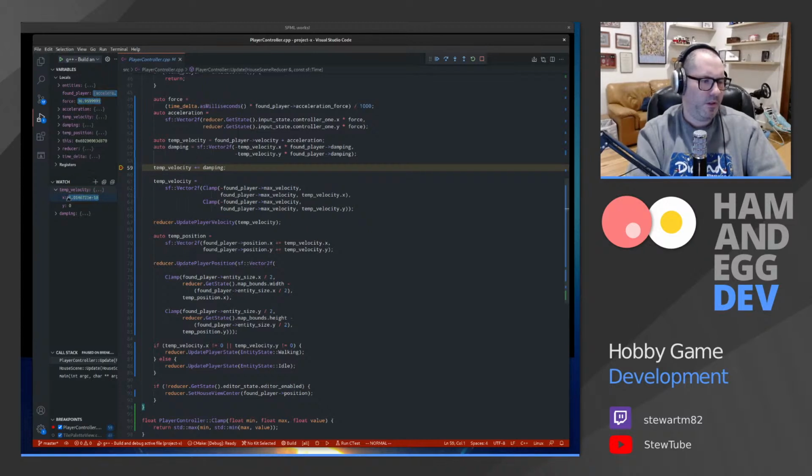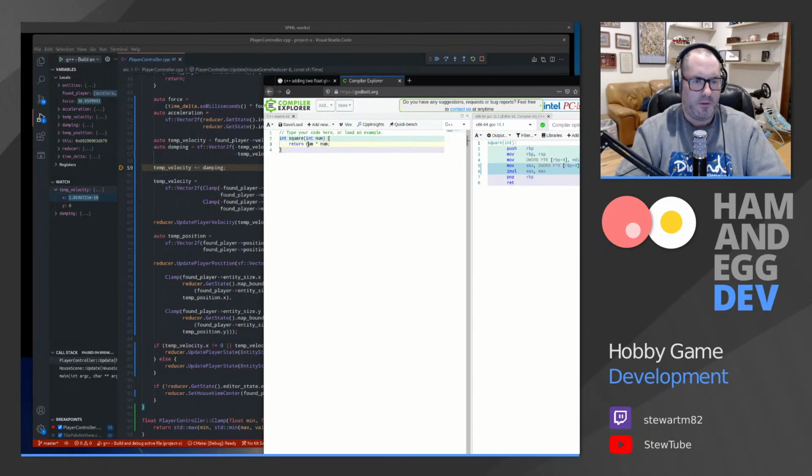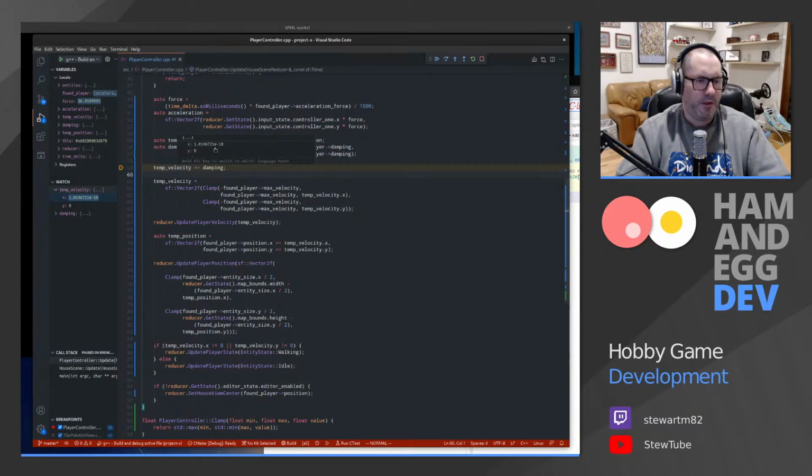It'll be this one, I think. I don't know if this will work. Copy that. Yeah, I don't know what Compiler Explorer will think about it. With that notation, I don't think it'll work.